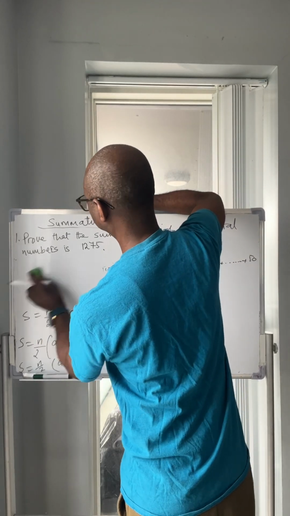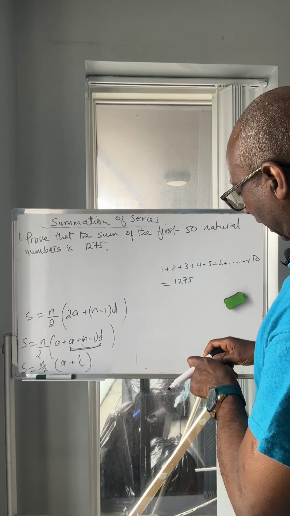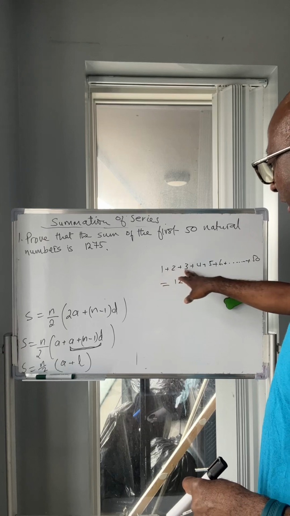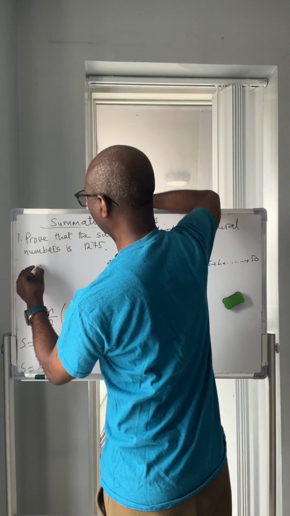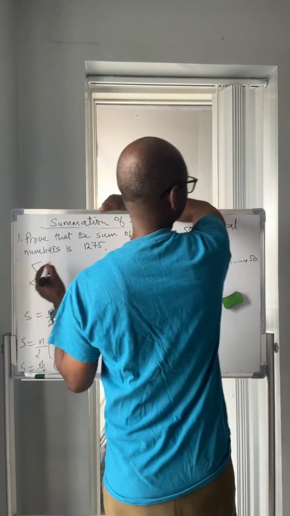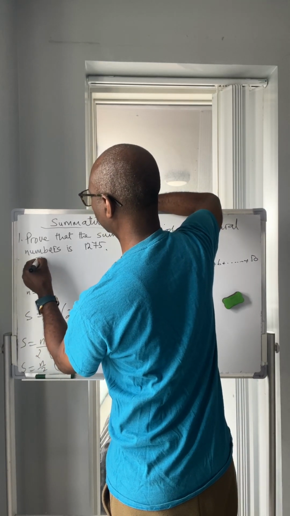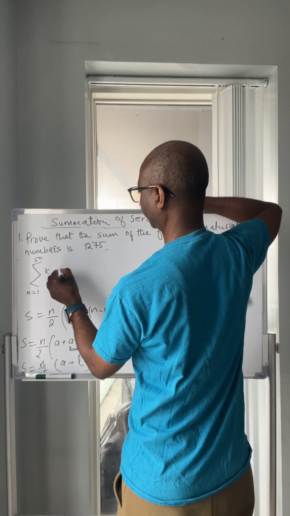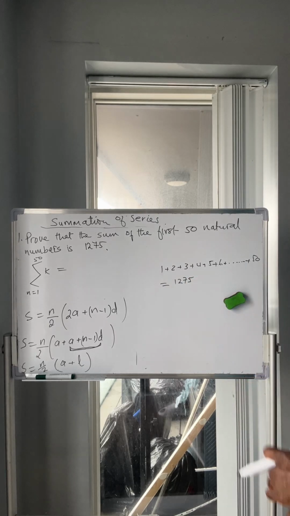So if that is the case, what we have here is the sum of the first natural numbers. When we say natural numbers, these are the counting numbers, 1, 2, 3, 4, 5. So we are looking at something like this: n equals 1 to 50, and we have k, where k represents these numbers, 1, 2, 3, 4, 5.